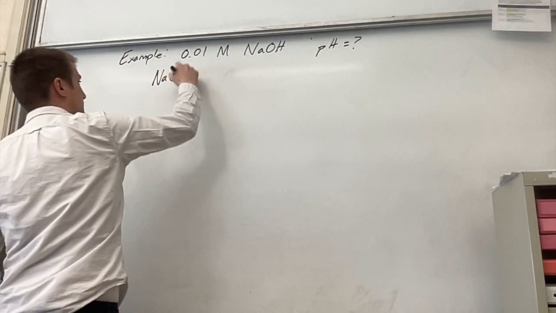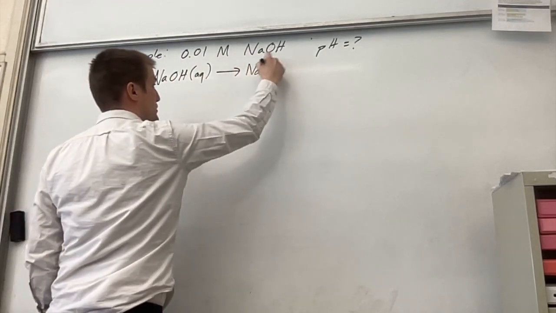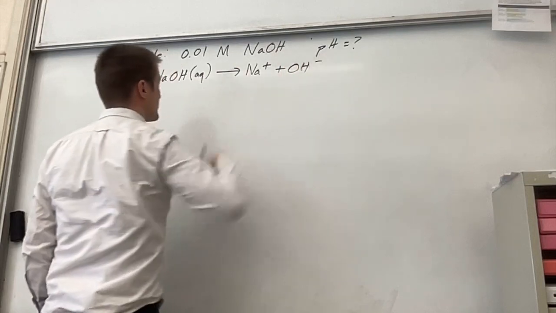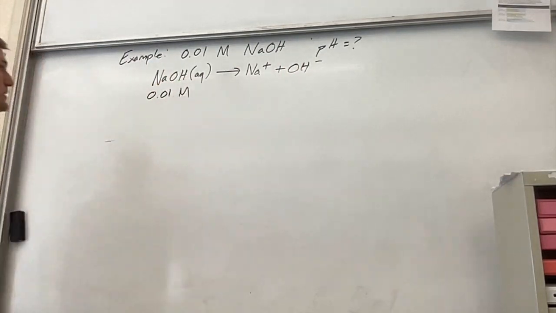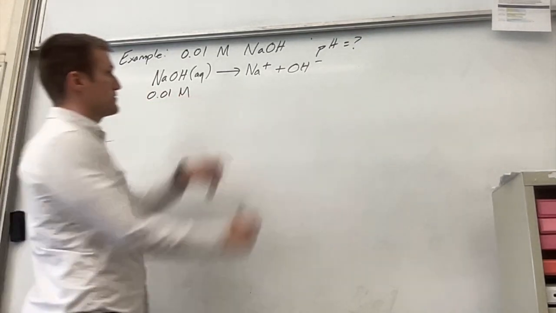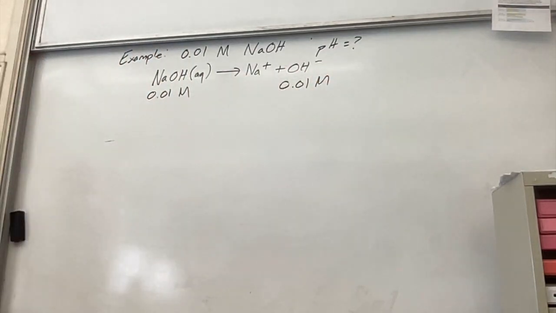That's going to dissociate like this. NaOH is going to fully dissociate because it's a strong base. So if I have 0.01 moles per liter of NaOH, that means I'm going to have 0.01 moles per liter of hydroxide. They're all going to dissociate. That makes it easy.